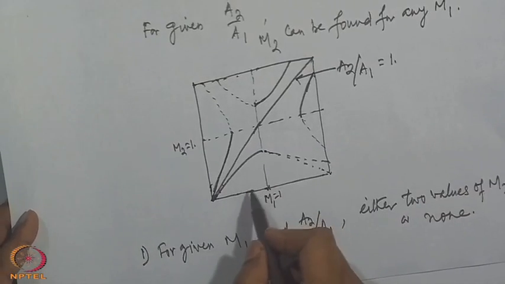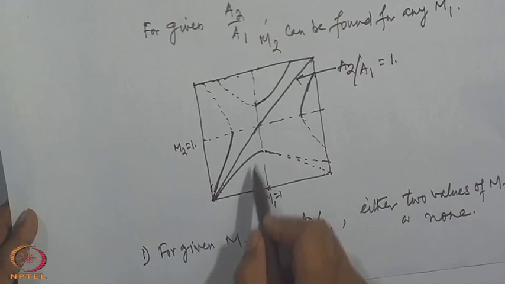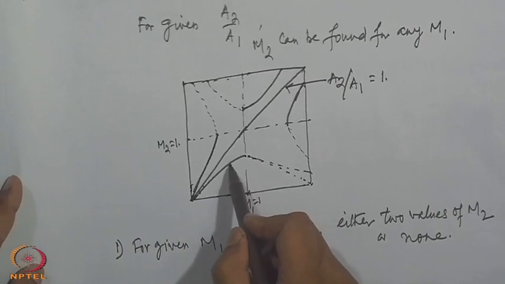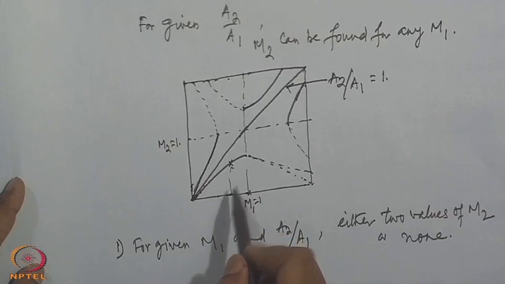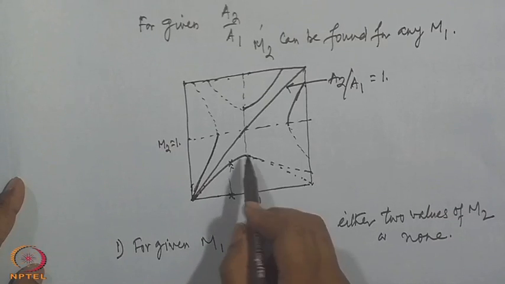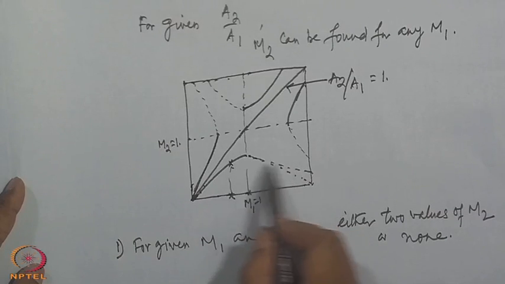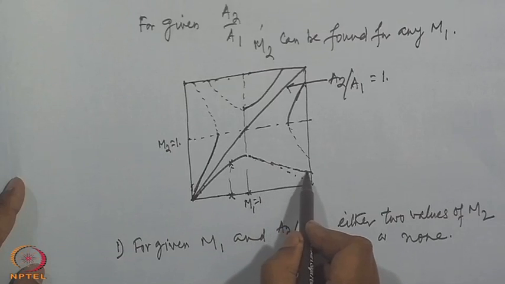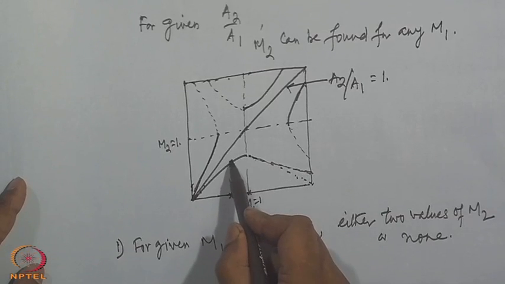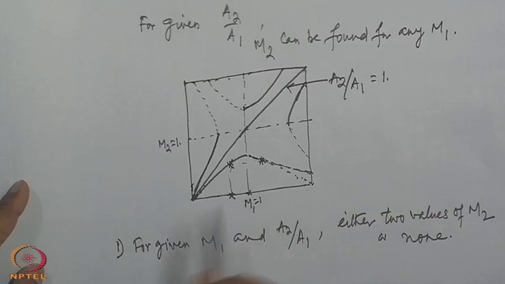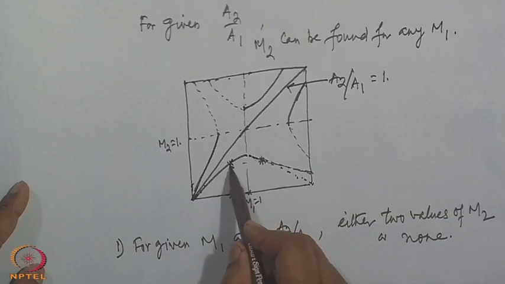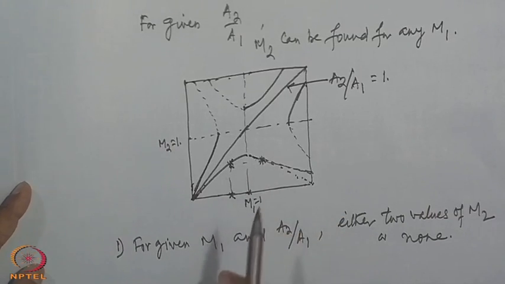Let us say that this is a particular value of M 1, and correspondingly, this curve is for a given area ratio, we can have either this M 2 or this M 2. One is subsonic, the other is supersonic.